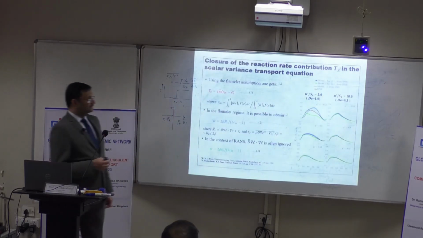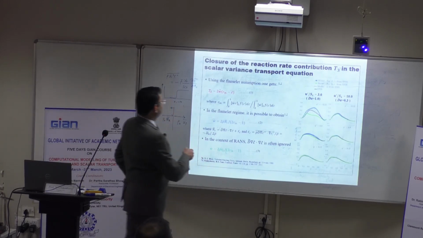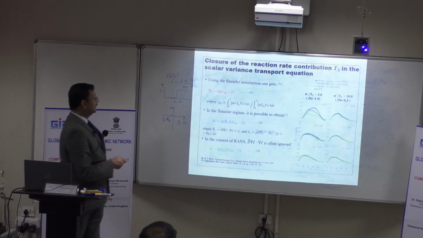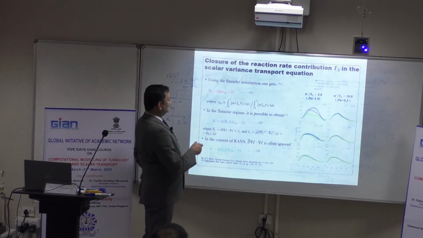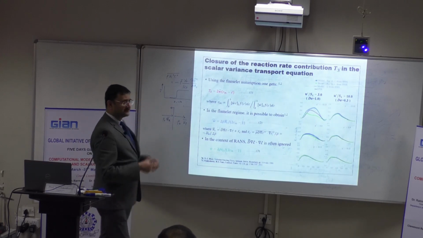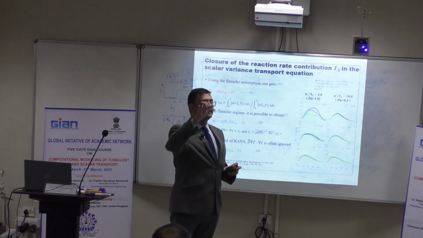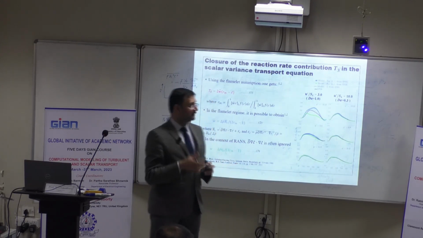Now, let's see how it works. So for T3, using all of those, essentially this is the term which one can simplify based on the flamelet assumption. Flamelet assumption means I am saying the turbulent flame locally has quasi-laminar properties. Okay.